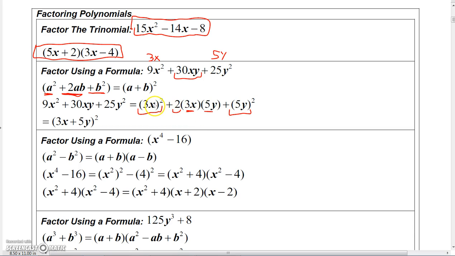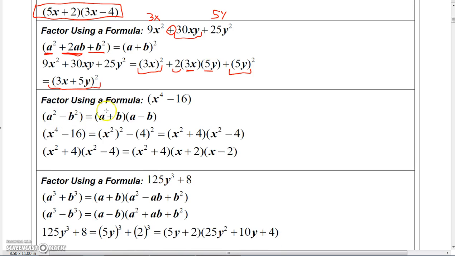So once you recognize that, then you know this can be written as a binomial squared, 3x plus 5y quantity squared. Now the only difference, if this was minus right here instead of plus, would be this would be 3x minus 5y quantity squared instead of 3x plus 5y quantity squared.